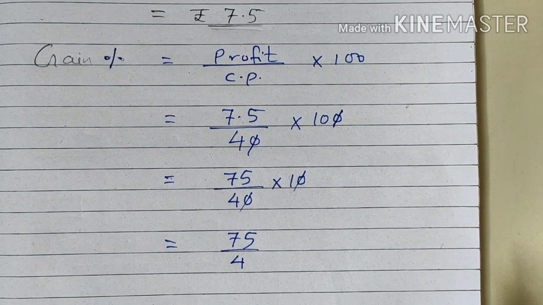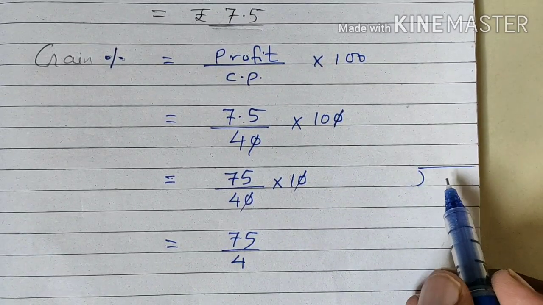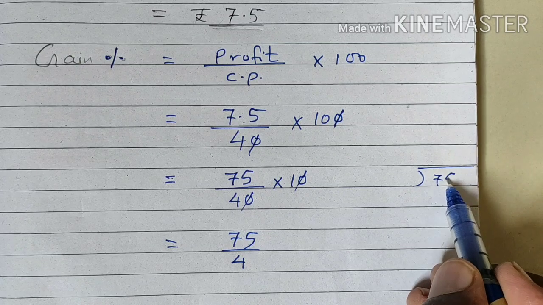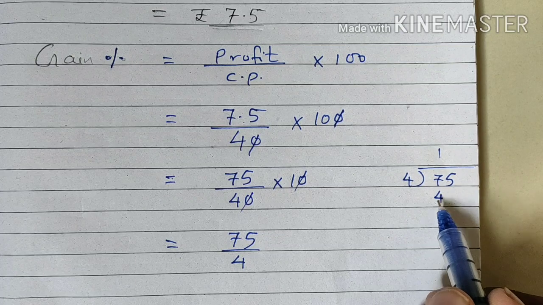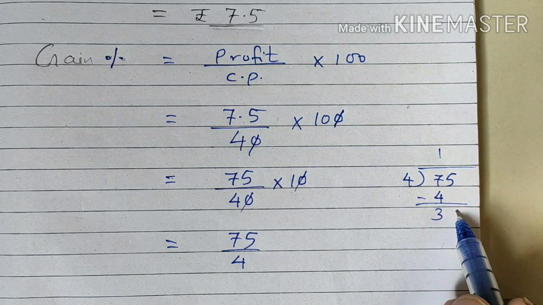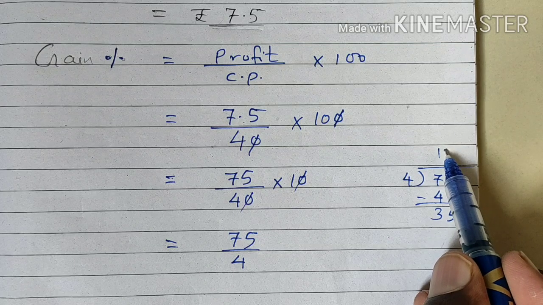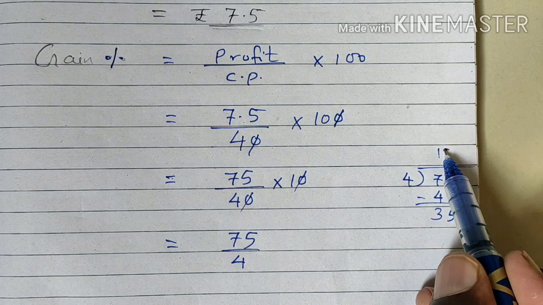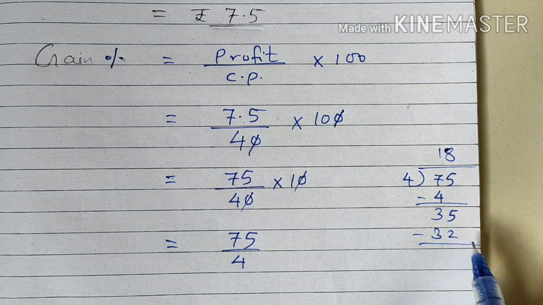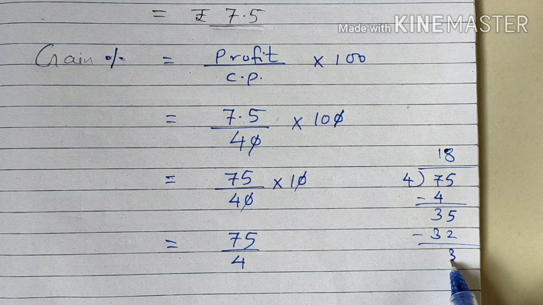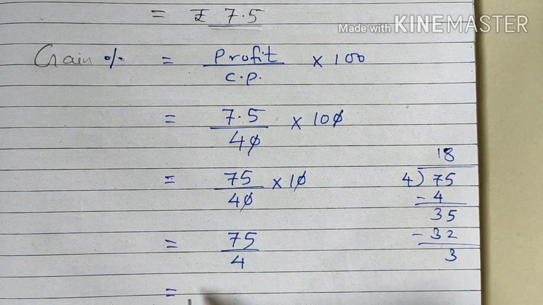To convert this 75 by 4 into a mixed fraction, let us use the long division method. 4 ones are 4, 3 is the remainder, 5 comes down, 4 eights are 32. How much is the remaining value? 3. So we can write it as a mixed fraction in this way.